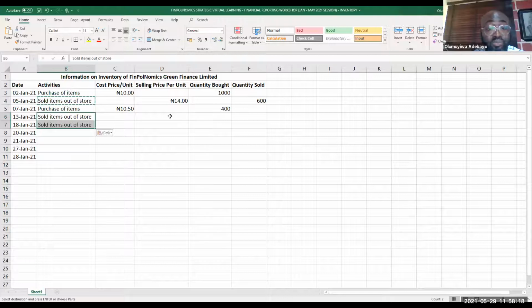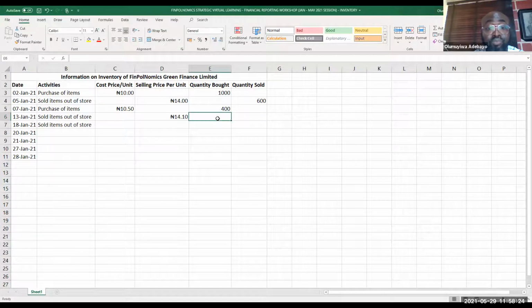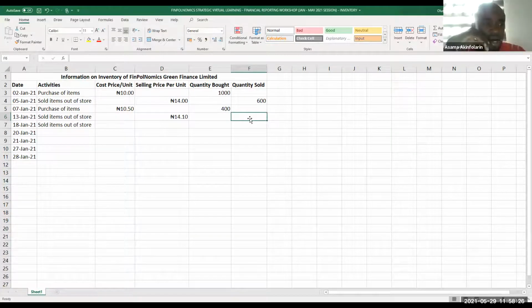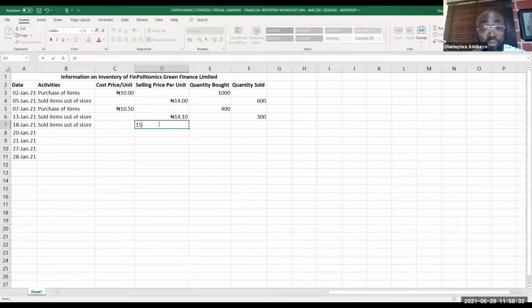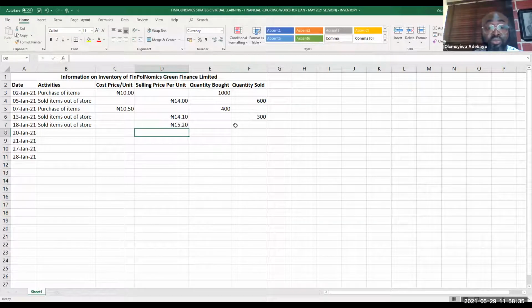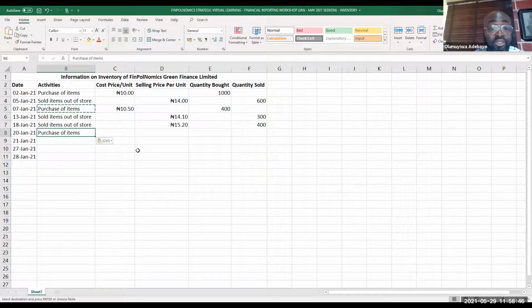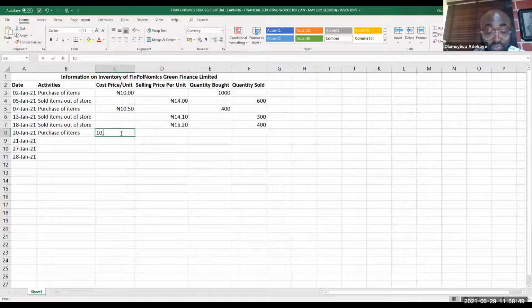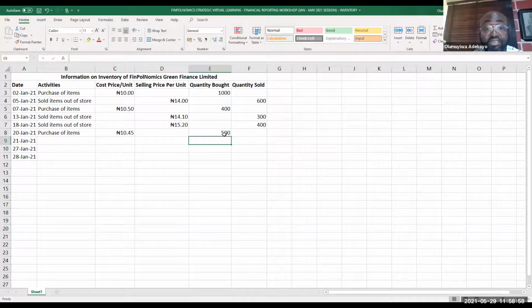Within these two dates, sold at 14.1, 300. So that's 15. 2. 400. We purchased on these dates another 500.